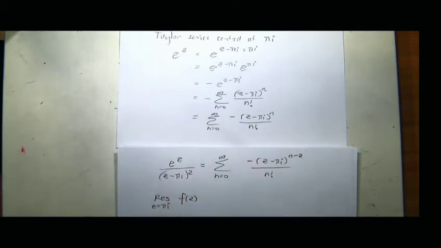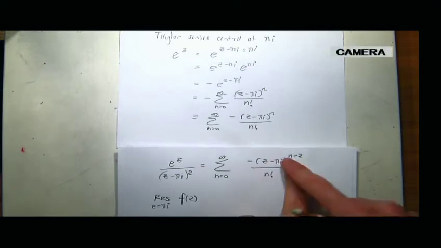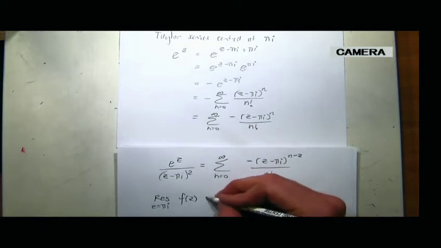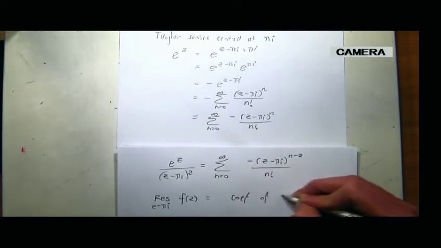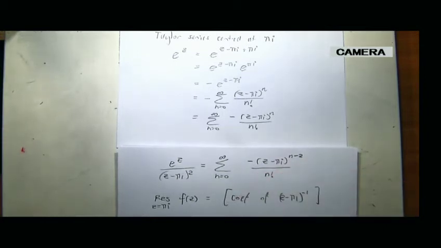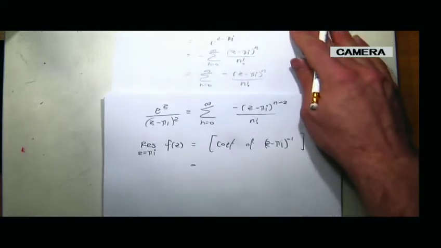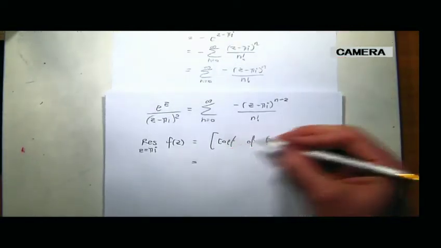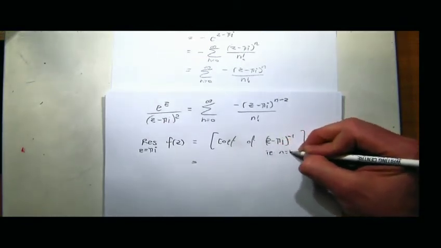So the residue of f of z at z equals pi I will be the coefficient of z minus pi I to the minus 1, which will happen when n is 1. Okay, so I need this to be z minus pi I to the power of minus 1. I need that coefficient, or if you like, 1 over z minus pi I, which happens when n equals 1.